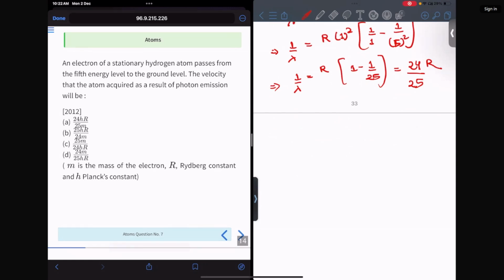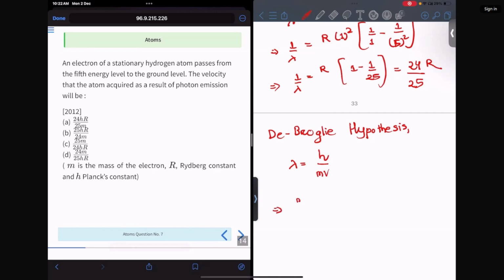Then you need to find out the velocity of the atom acquired. To find the velocity, from de Broglie's hypothesis, what you know is lambda is equal to h upon mv.